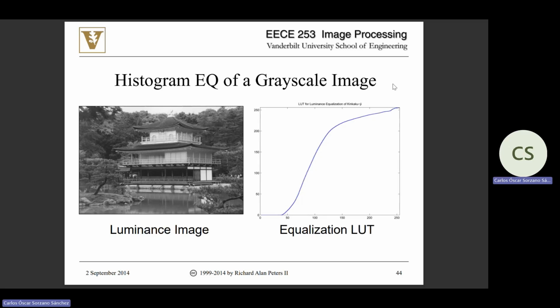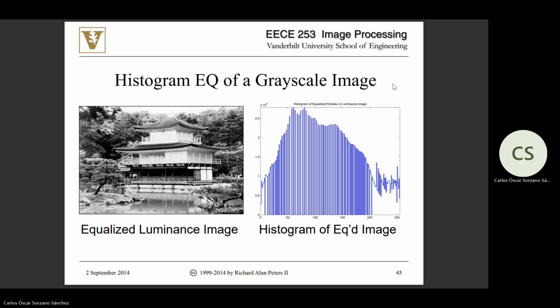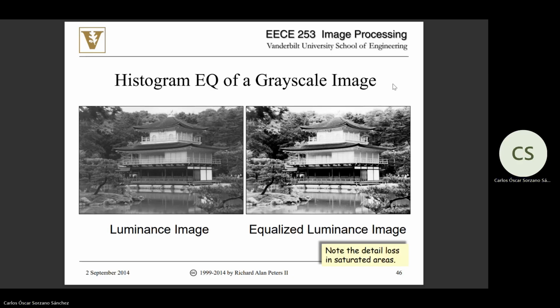Then we equalize the luminance using this lookup table, and again we see the same patterns as before, the holes created by stretching the contrast and the spikes caused by decreasing contrast. And this is the luminance and the equalized luminance.